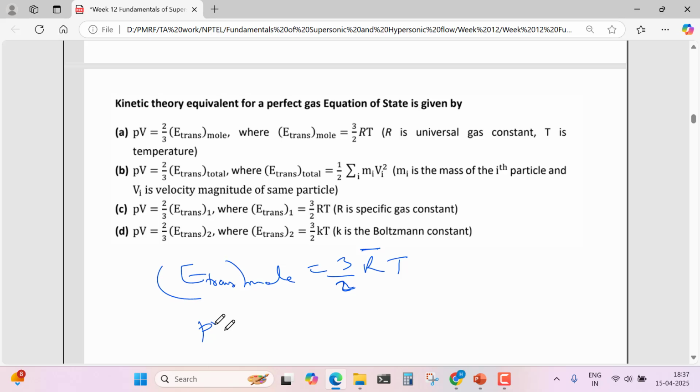So we can also write PV equal to 2 by 3, if we see from option A, E translational mole, and if we put this 3 by 2 RT here, then we'll get RT. So PV equal to RT is nothing but the perfect gas equation. So these equations are the same. So option A is the correct option.